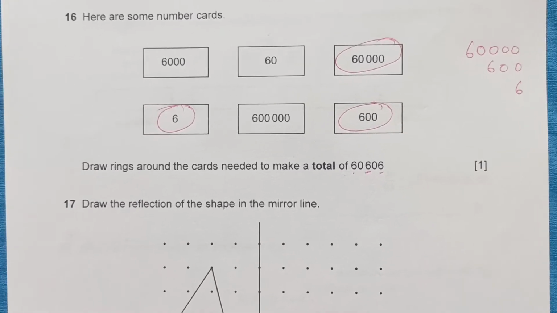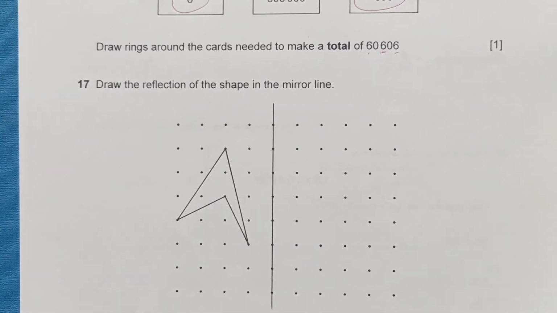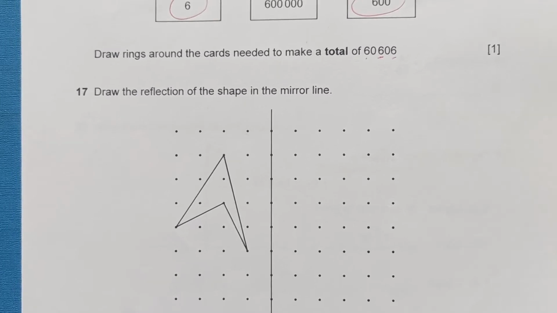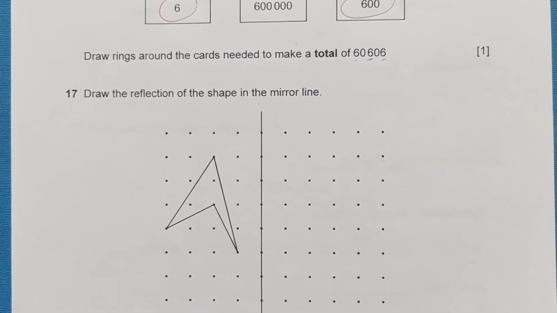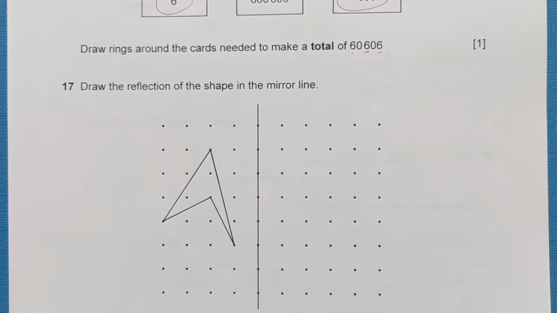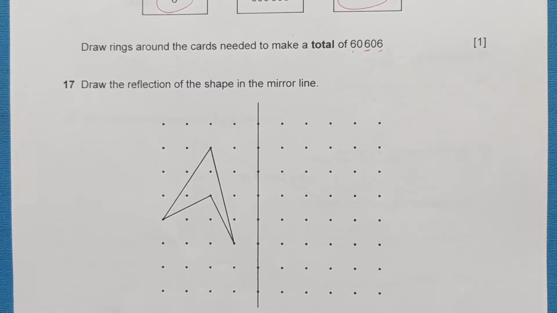So let's move to the next question. Number 17. Draw a reflection of the shape in the mirror line. So we need to draw the reflection of this. For that you may use tracing paper, or you can even do it directly. Let me show you the other method first.